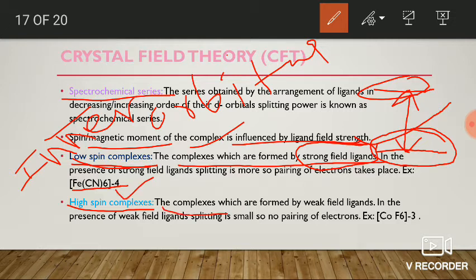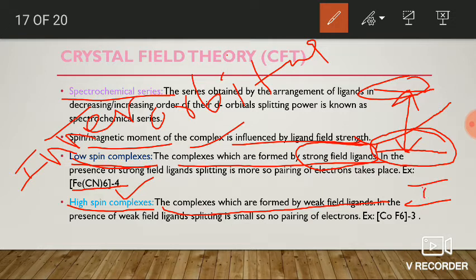Next, high spin complexes. These are the complexes obtained by weak field ligands. That is, interaction of weak field ligands with the central metal ion gives the corresponding high spin complexes. In the case of weak field ligands, the splitting of the d orbitals is small. That is, the energy gap between the two sets is small, whether octahedral, tetrahedral or square planar geometry.